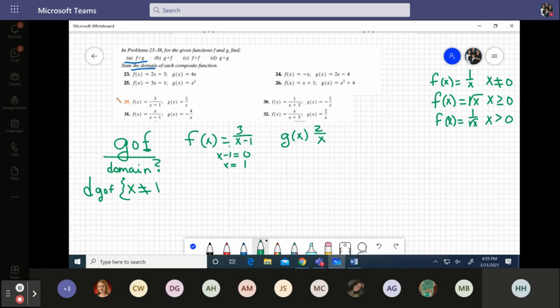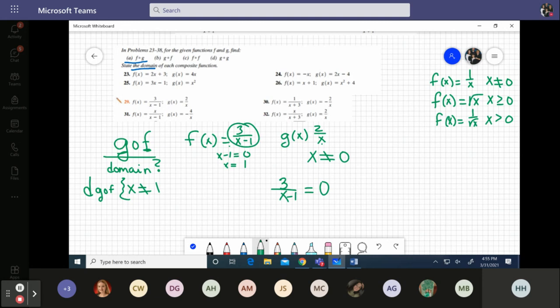This outside function, because I'm on the outside since I'm doing g of x, I have to have x does not equal 0, right? So I've got to take this here and set it equal to 0 because this cannot have a 0 in the denominator. So 3 over x minus 1 equals 0.